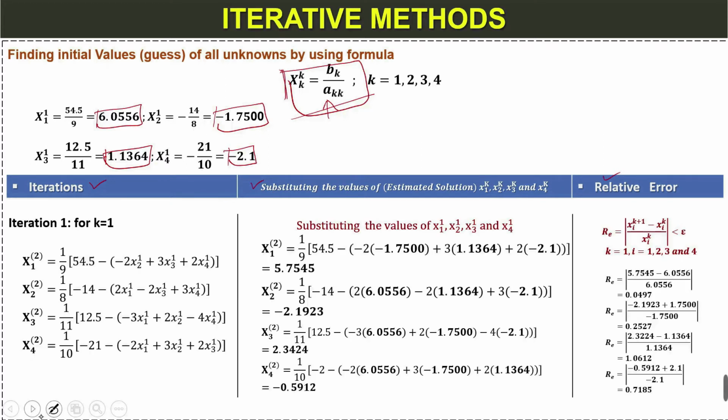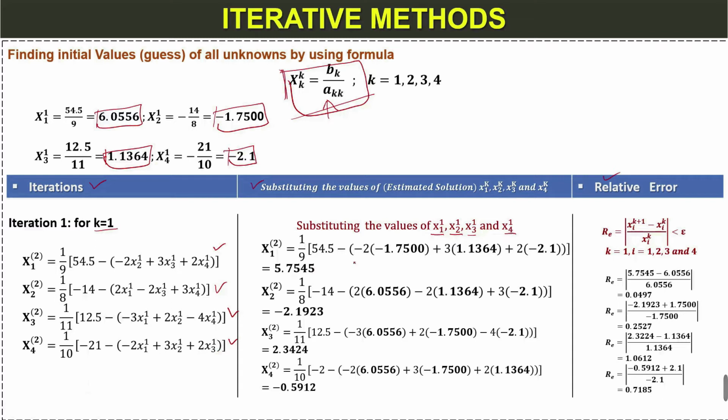So we have all four equations in explicit form for k equal to 1. This one is the first iteration, and this one is the first equation, second, third, and fourth. Now we substitute the values of x11, x12, x13, and x14.